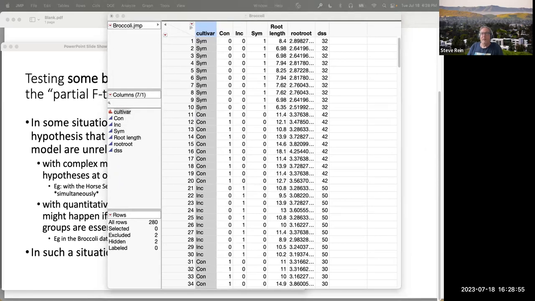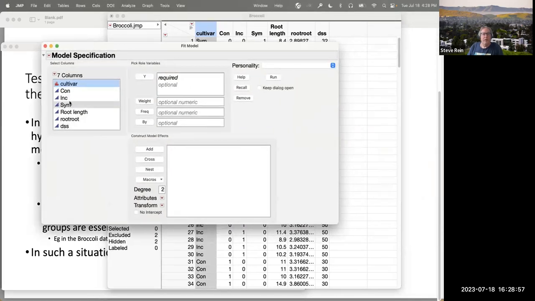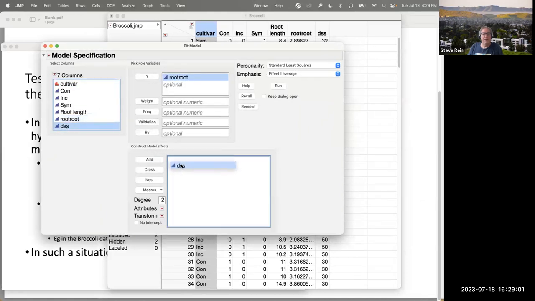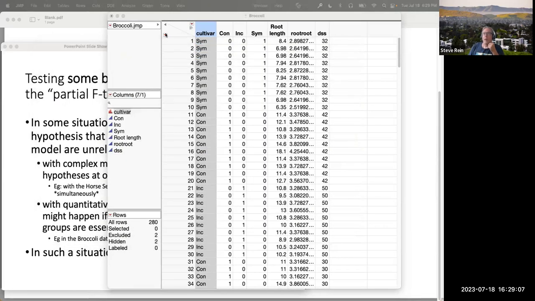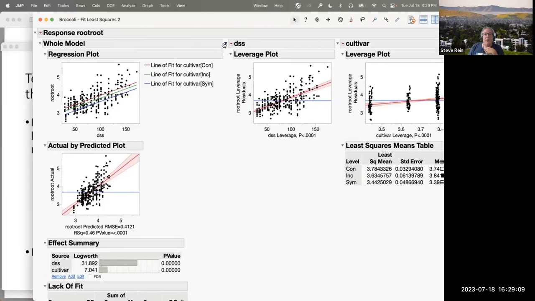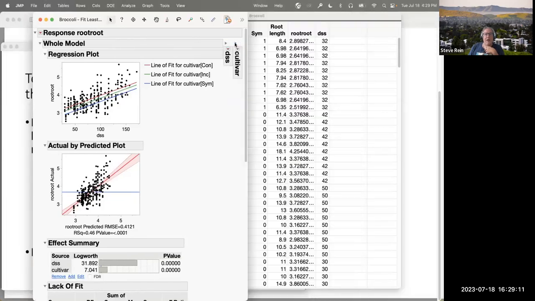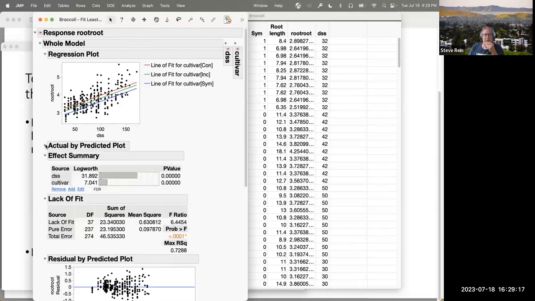We say that the square root of the root length may depend on the days since seeding. And I'm just going to go with cultivar and fit that three parallel trend line model. And as before, you can see we've got these 1, 2, 3 groups that seem to want to stand out as differing from each other.